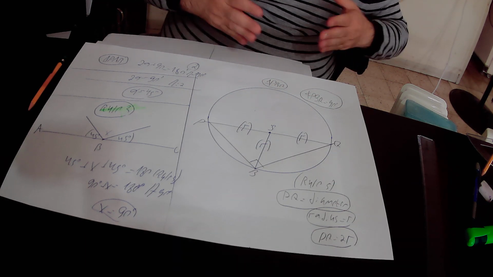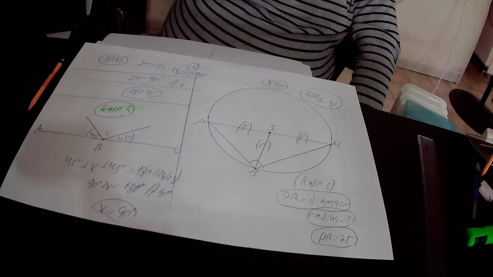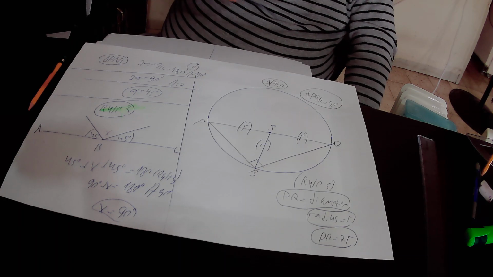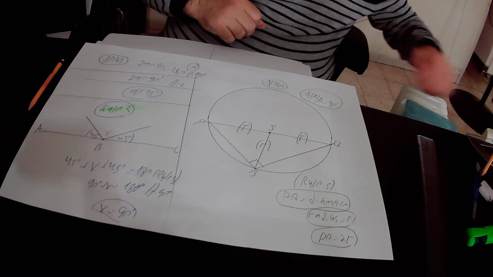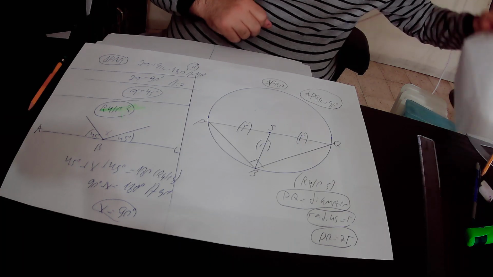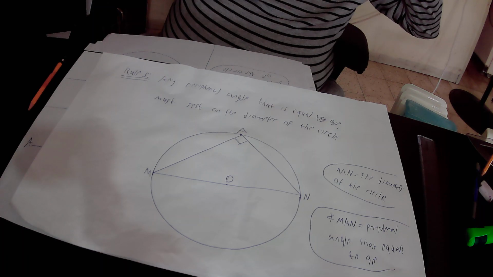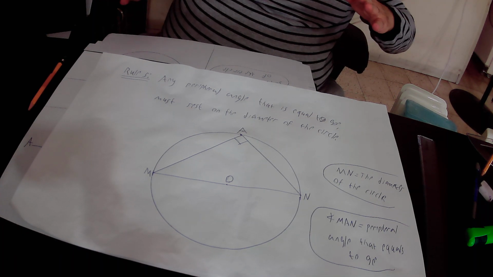So in the drawing we have peripheral angle PBQ that is equal to 90 degrees. And we have here rule number 5 that relates to any peripheral angle that is a right angle. According to rule number 5, any peripheral angle that is equal to 90 degrees must be subtended on the diameter of the circle.